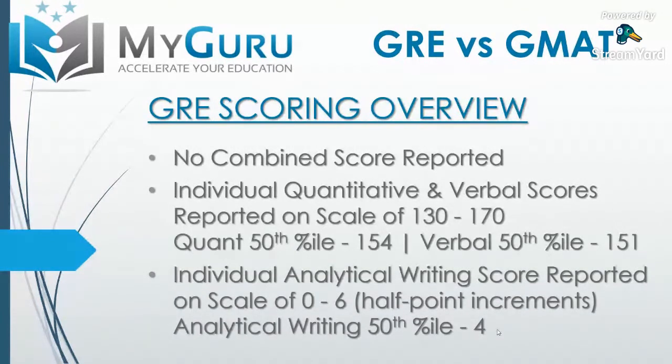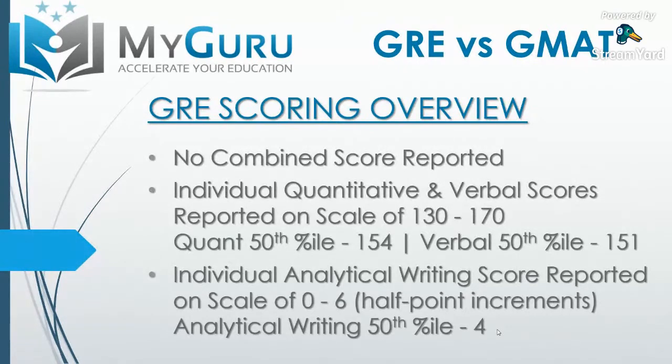And then the analytical writing is reported individually as well on a scale of 0 to 6 in half point increments. The analytical writing 50th percentile on the GRE is going to be a 4, and the 4 is probably all you'll need for the GRE essay score at any point. And honestly, for most MBAs, a 3.5 will almost always be sufficient, and that's around the 40th percentile, just because the GRE essay scoring is so much more difficult than the GMAT.